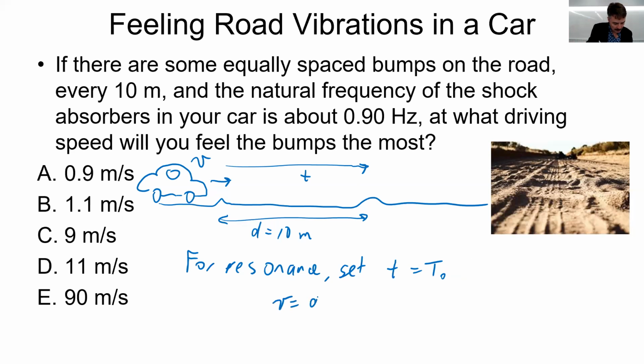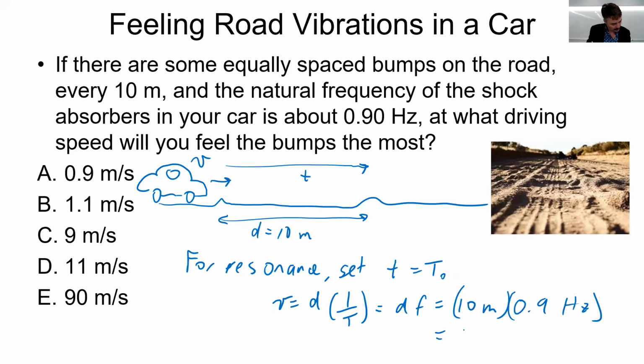So V is equal to D times 1 over T, D times the frequency, so 10 meters times 0.9 hertz. So I think that's 9 meters per second. That's exactly the speed you don't want to drive at if you don't want the amplitude to get higher and higher as you hit these bumps.